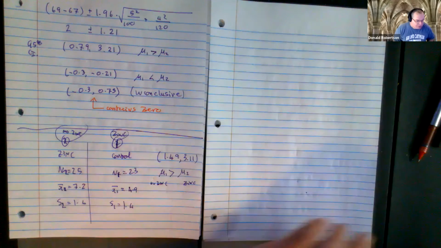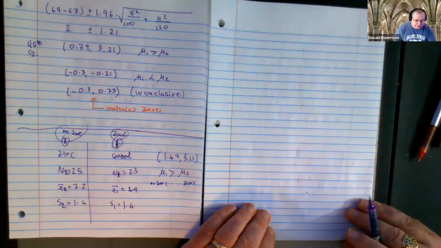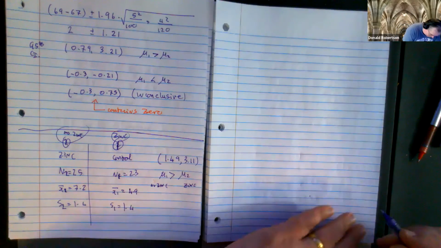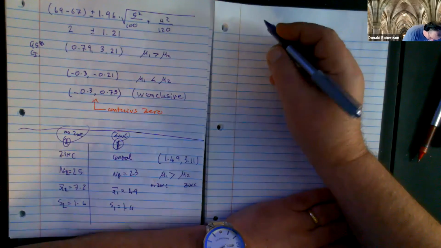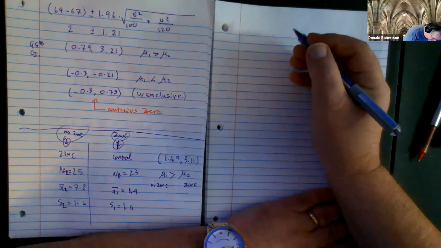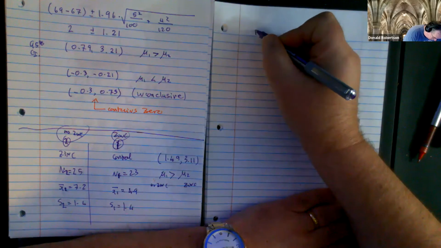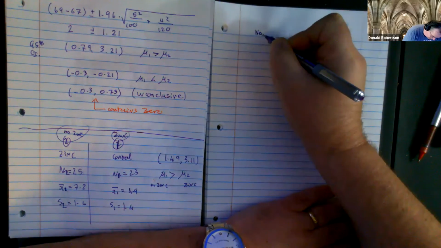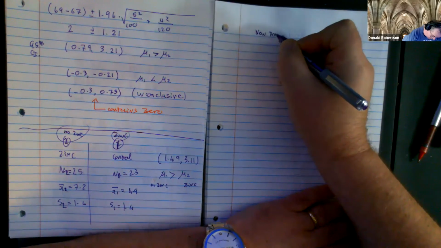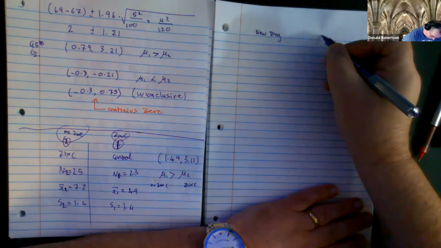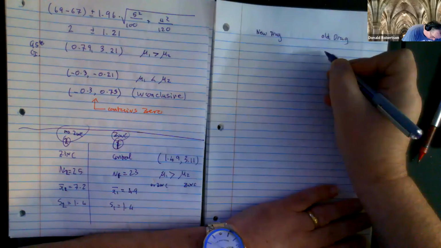So let's try one last one for today. Let's do a classic clinical trial, and we'll do it the way I would choose to do it. So we have a new drug, and we have the old drug. This is the control.